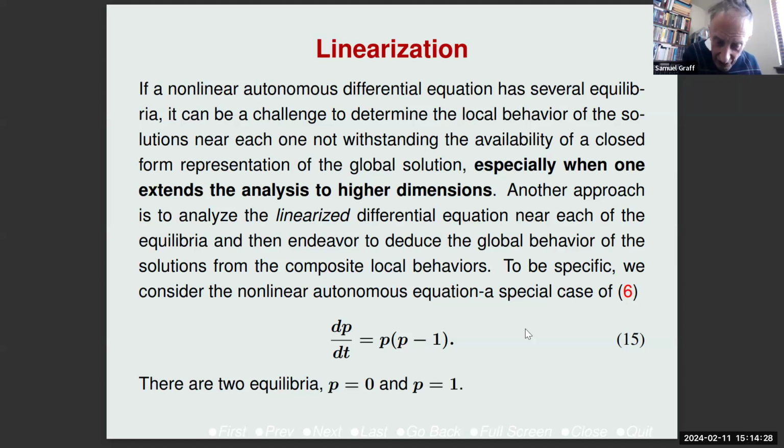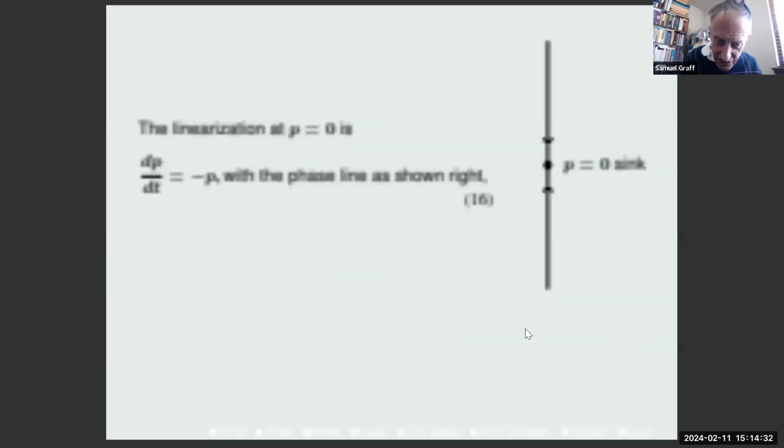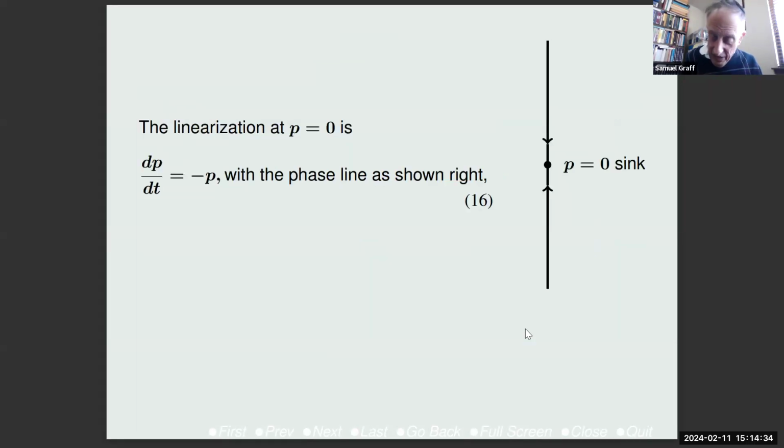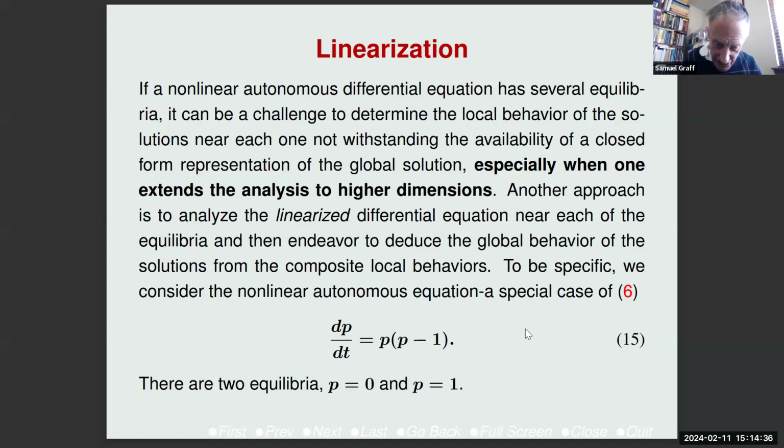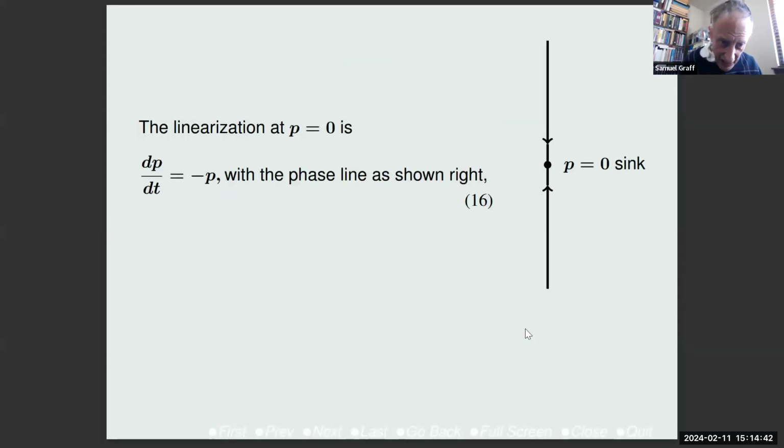Well, the linear part, when P is equal to 0, is just the linear part of the right-hand side that you have in the differential equation itself. The right-hand side there is P squared minus P. So the linear part is just minus P, and you have dP/dt equals minus P. And the phase line is shown at the right.